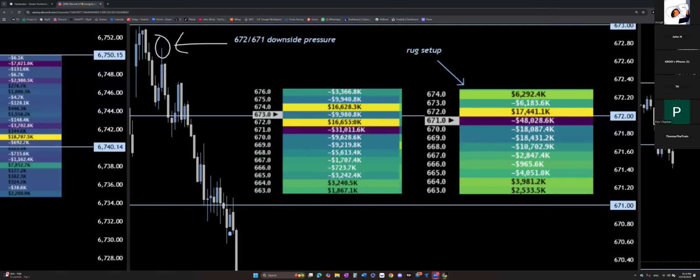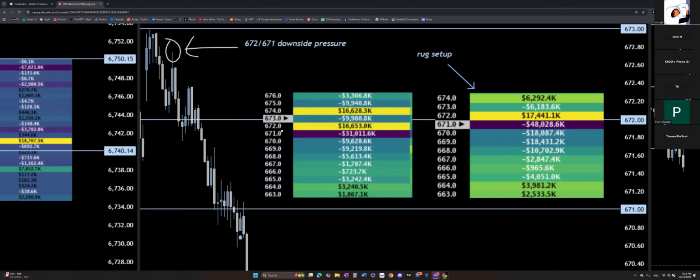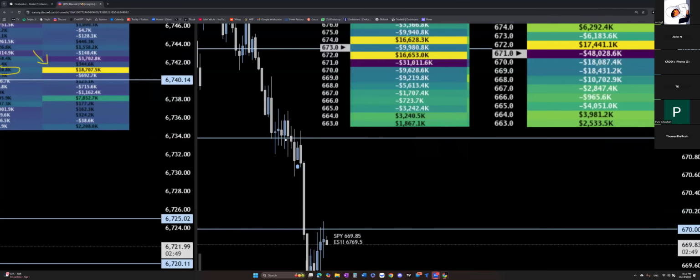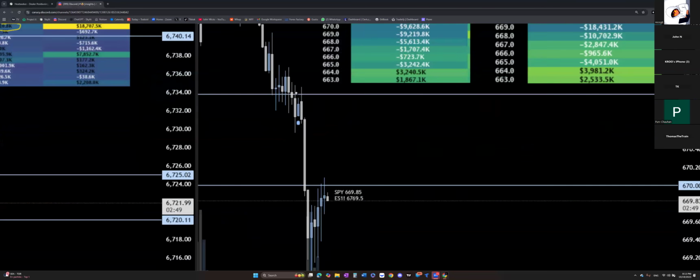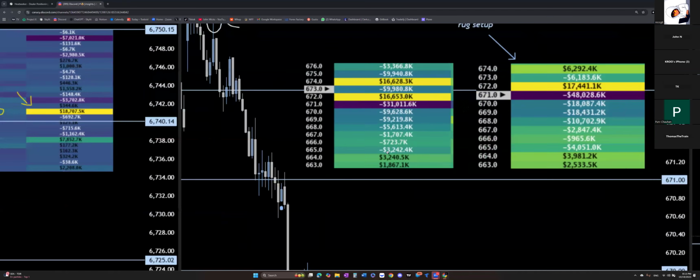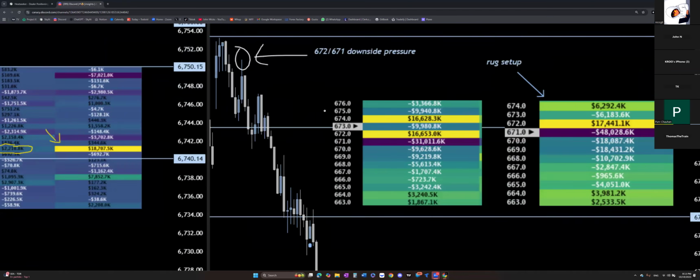I wouldn't consider this necessarily a rug setup yet. This would be the characteristic rug setup, but as soon as I'm seeing this, I'm thinking red flag, this could characteristically be a rug setup. By definition, 671 could be a floor, and we did get a bounce here, but look how much lower, look how much more rug we got.